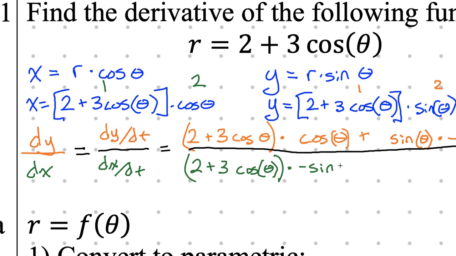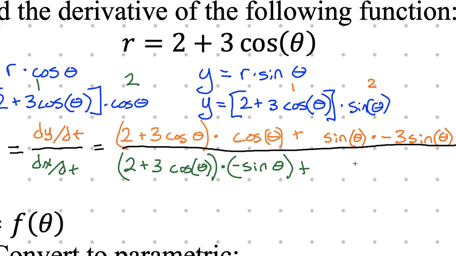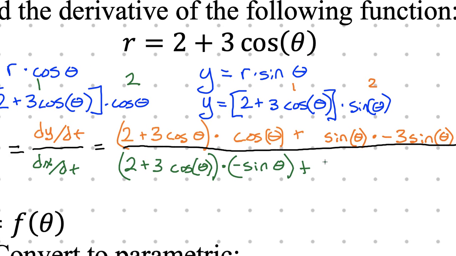Negative sine of theta. Perfect. So you have 1d2 plus that was our 2 times... It's the same thing, yeah. Negative 3 sine of theta. Done. Ta-da! We have our answer.